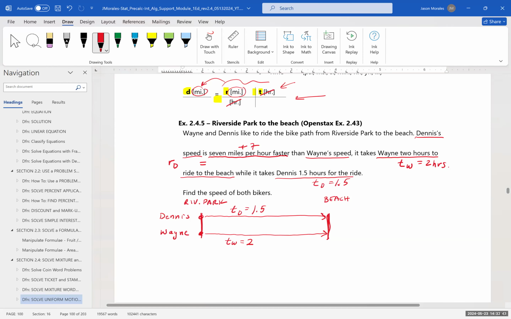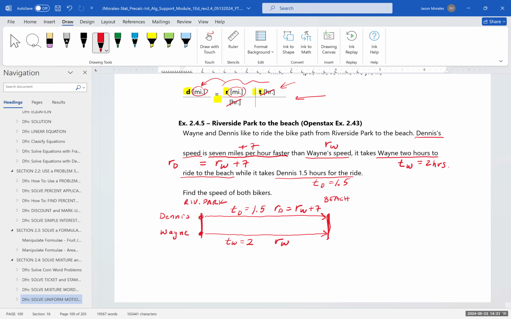So Wayne's speed is going to be the rate of Wayne. So Dennis's speed is Wayne's rate plus 7. All right, so Dennis's rate is equal to Wayne's rate plus 7. And we've pretty much covered all the information that we were given. So all we have left here is Wayne's speed, or Wayne's rate.